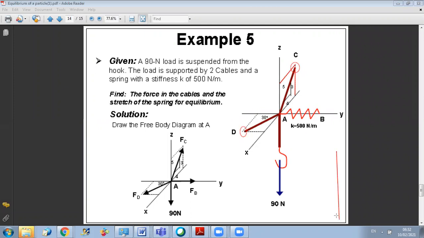So this is the Z axis, okay? This is the X axis. And how is your force direction? Like this, okay?